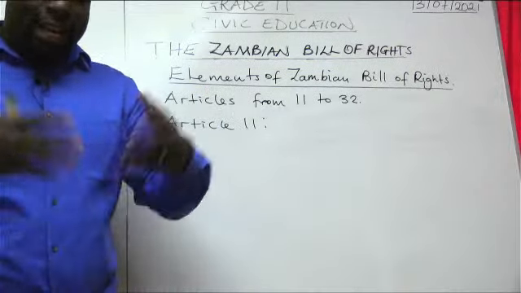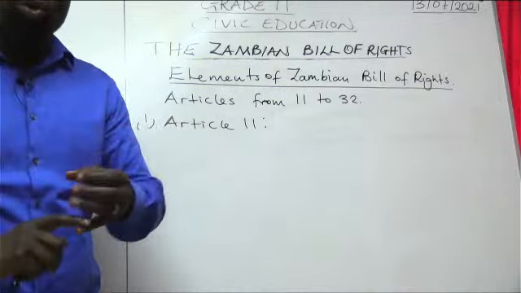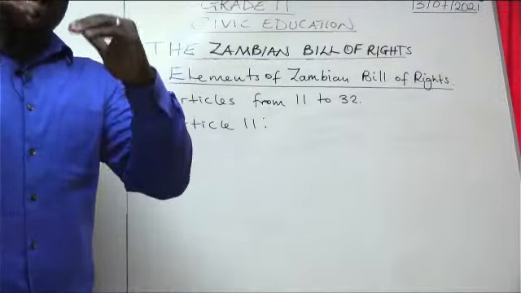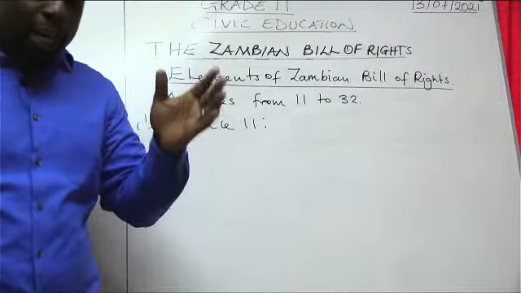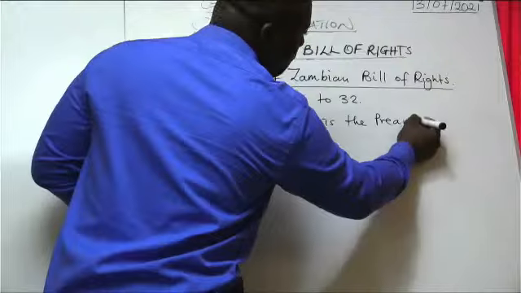So it introduces us to our fundamental rights that we should enjoy as Zambians. These rights are there regardless of your race, regardless of your place of origin. This is the preamble.